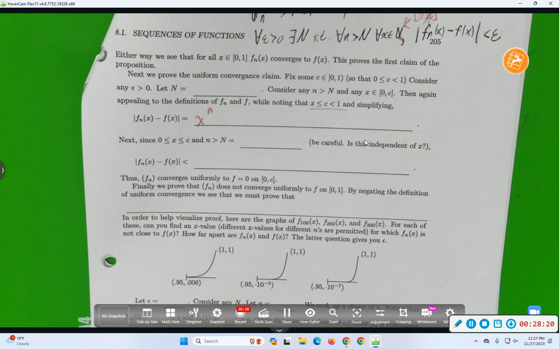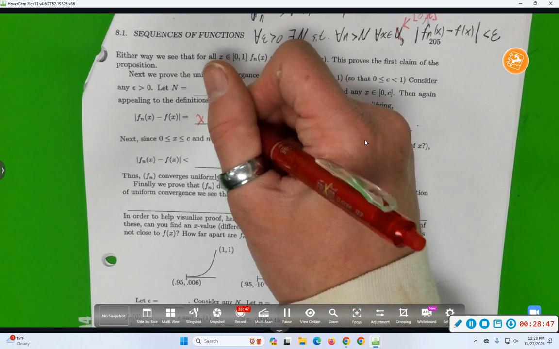All right, what next? Well, I'd like to get rid of this dependence on x. I was saying that's less than 1.